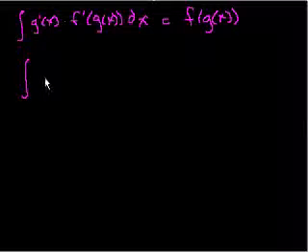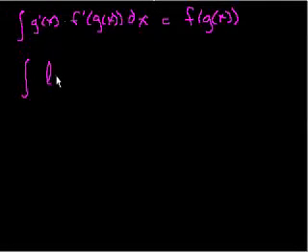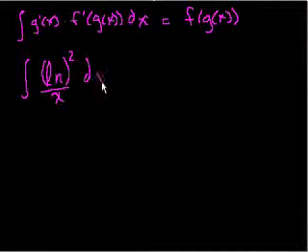Okay, so let's say I have the integral of the natural log of x squared over x dx. If you saw an integral like this, you'd probably be daunted. Many people well into college calculus courses are still daunted by this problem.